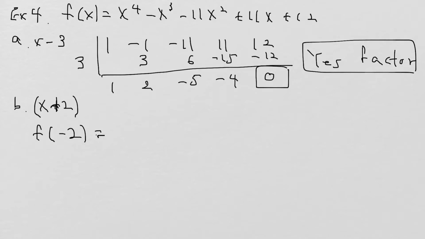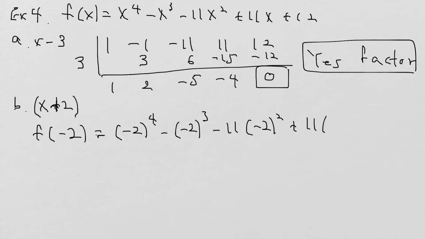So you're going to replace all the x by negative 2. So negative 2 to the 4th exponent minus negative 2 cubed minus 11 times negative 2 squared plus 11 times negative 2 plus 12. Either method works, as long as you get 0 at the end, it will be a factor.